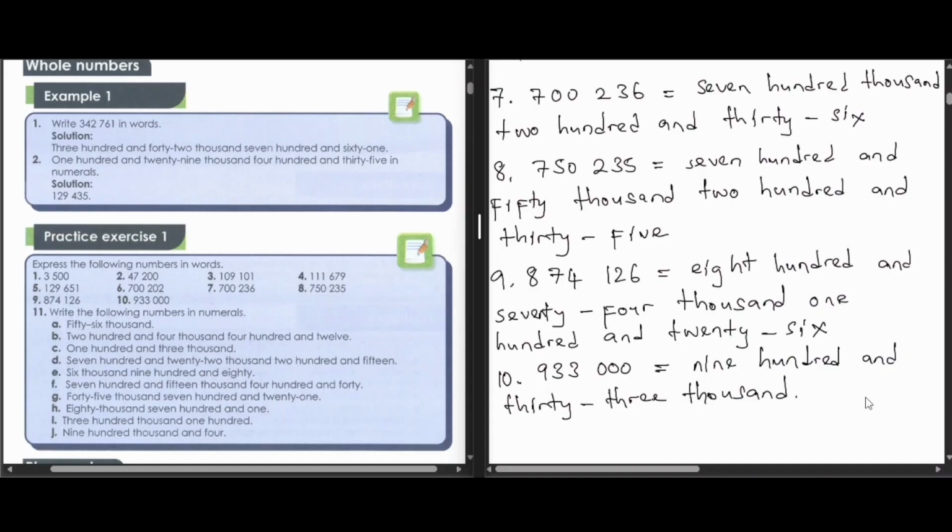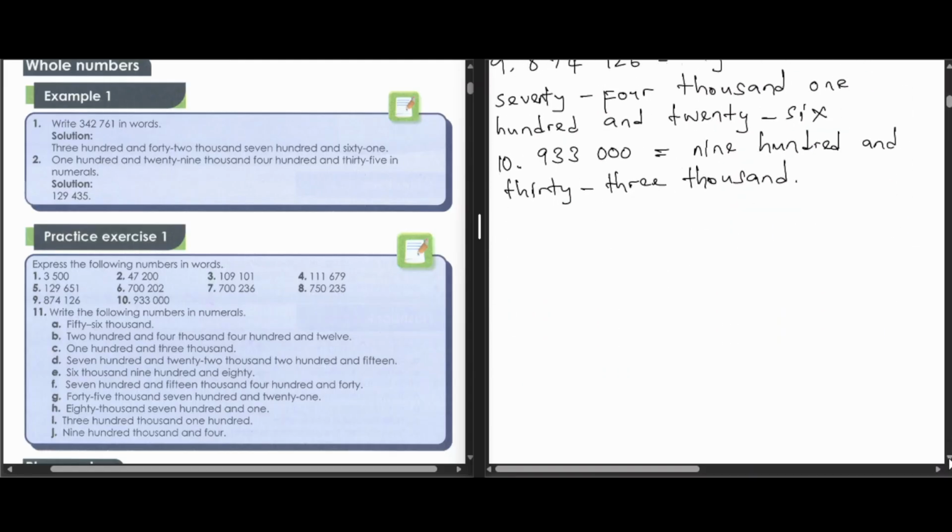Number 11 iri kuti write the following numbers in numerals. Saka manamba aya toda kumanyora in numerals. Ngativerenge zvakanaka. A yakati 56,000. Saka 56,000. 1000 ina mazero 3. B 204,412.